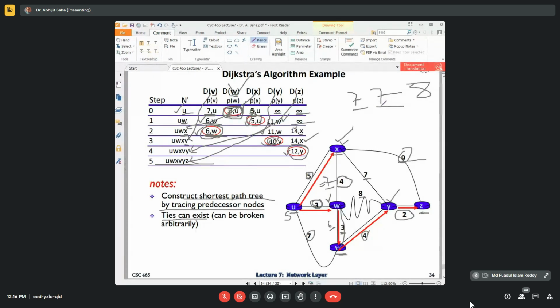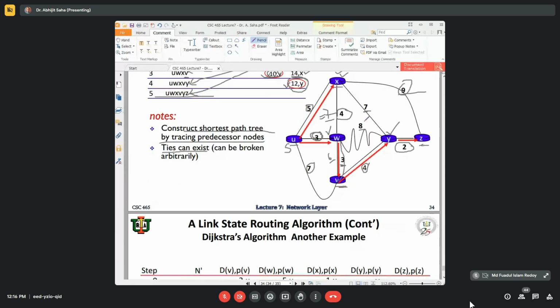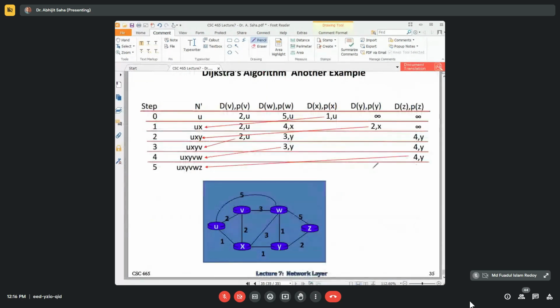These are the least minimum value, but we have got a tie. So which one is going to be taken? That is what it says, that ties can exist. If a tie exists, you can actually take any one of them, one after another. There is not going to be any problem. For that we have an example here.